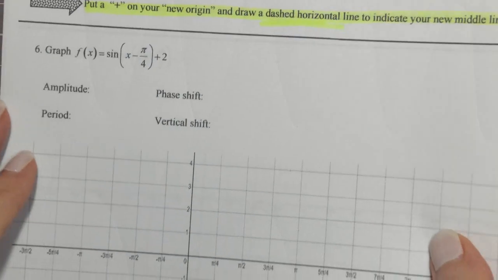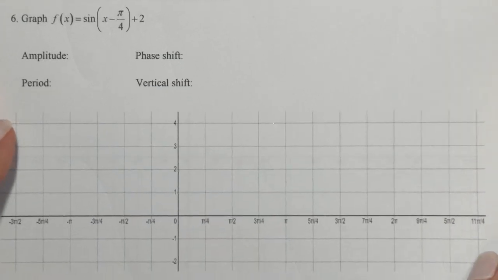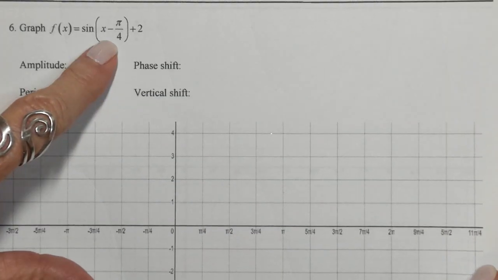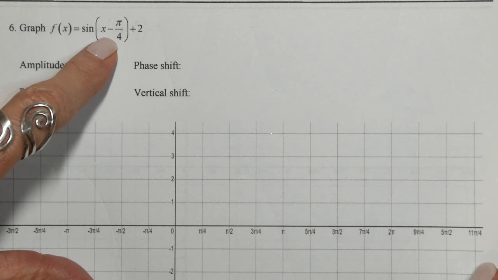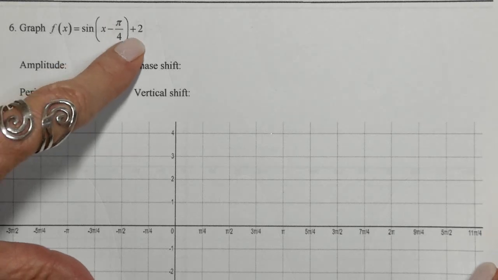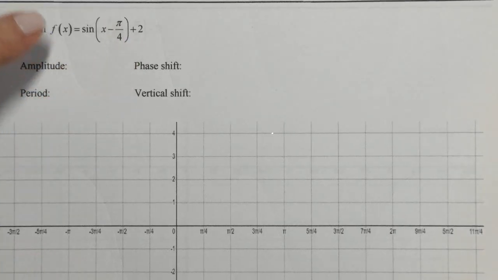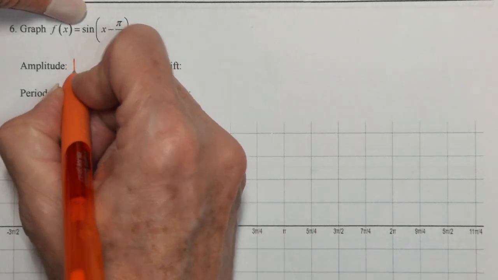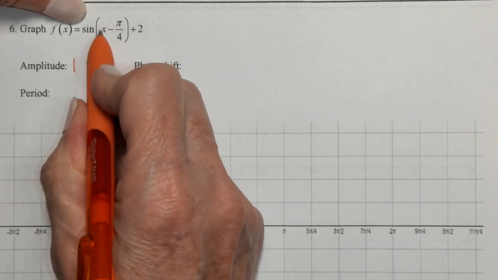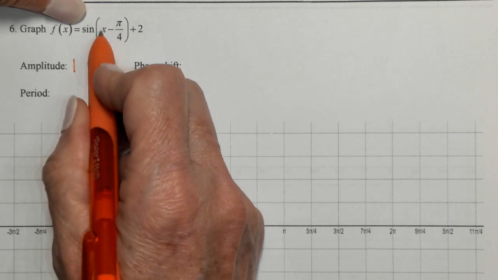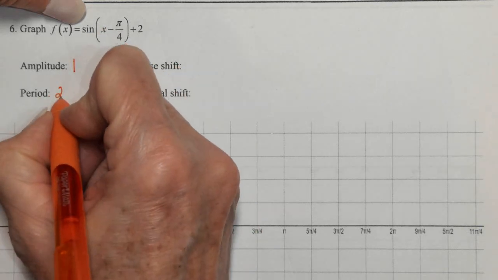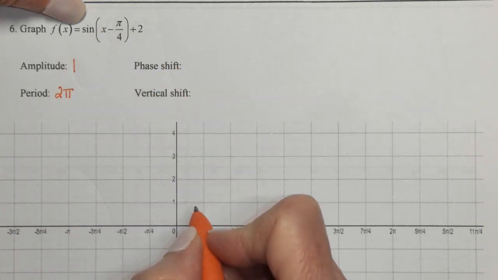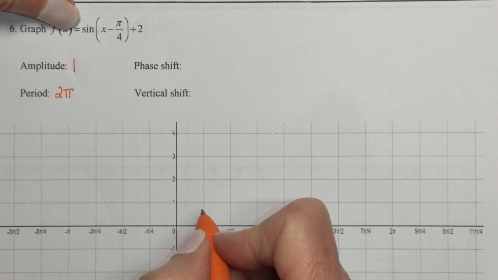Okay? So let's graph sine of x minus pi over 4 plus 2. The amplitude is just 1. The x coefficient is just a 1, so the period is just 2 pi. No change in period, no change in amplitude on this one.